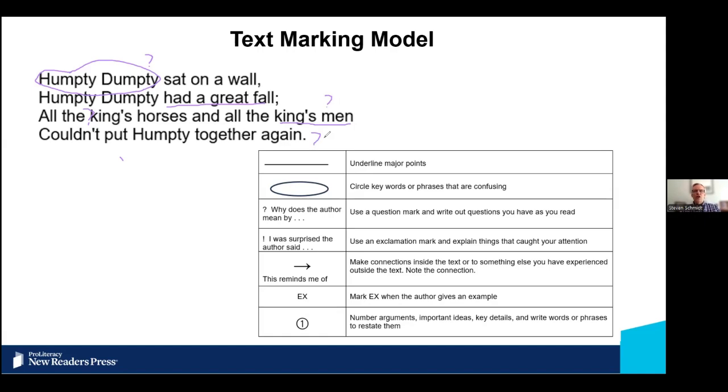Does that mean they did try to glue it back together? I don't know. But kings, we don't have a whole lot of kings around today. There's a few countries that still have kings, but they're mostly ceremonial. They don't really have any real power. I'm thinking this might have happened 100 years ago, 200 years ago, 300 years ago. I don't know. So there's definitely some things here that I have a lot of questions about.